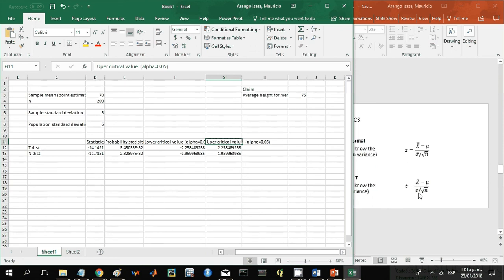Same thing over here, the only difference is that you use the sample standard deviation in this case.